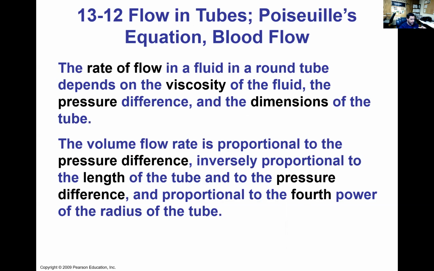Rate of flow in a fluid in a round tube is going to depend on viscosity, pressure difference, and the dimension of the tube itself. The volume flow rate or mass flow rate is going to be proportional to the pressure difference. It's also going to be inversely proportional to how long the tube is and to that same pressure difference.